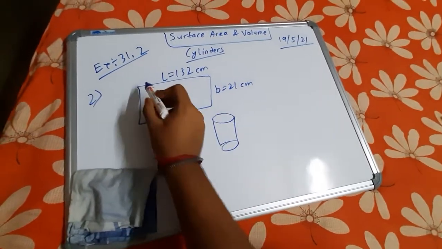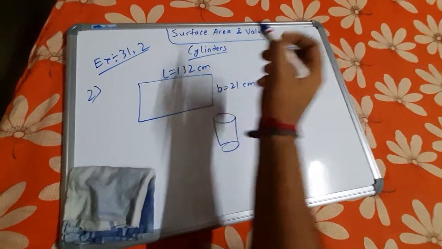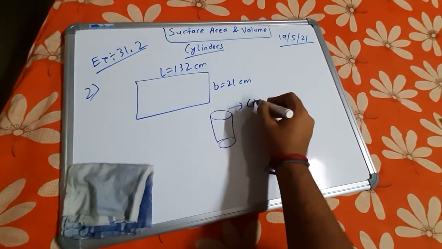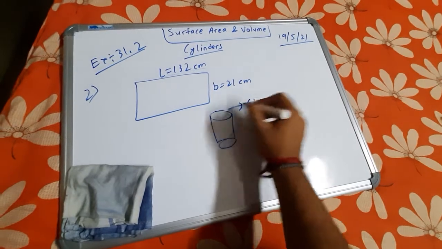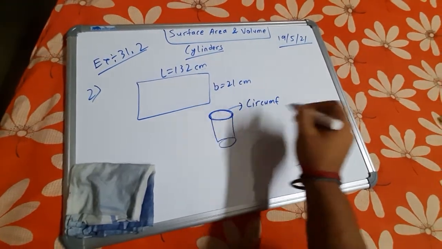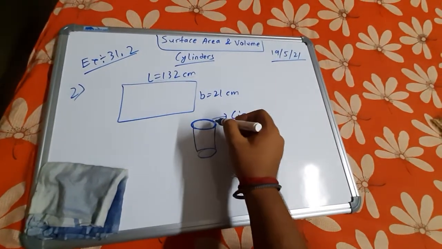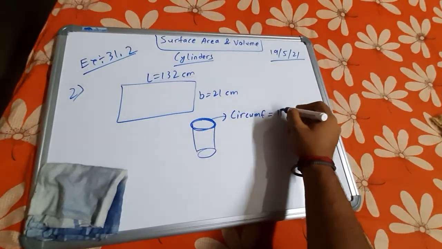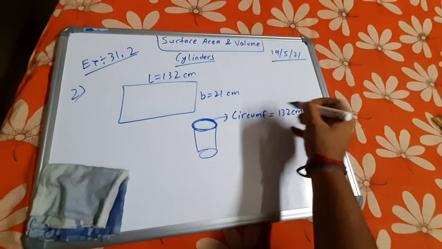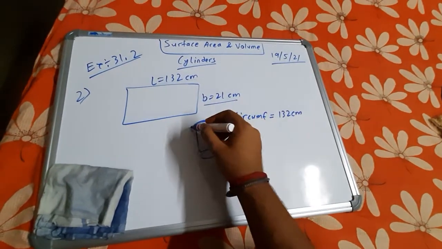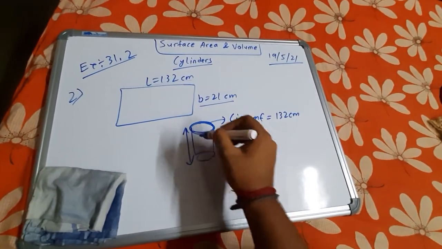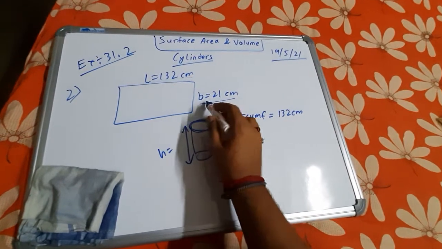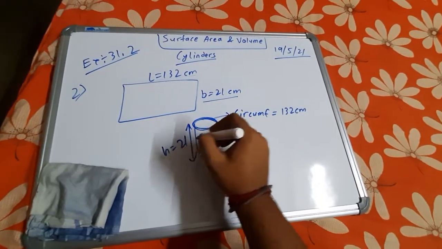Now the length of the rectangle will become the circumference of the cylinder. What will be the circumference? It will be 132 centimeter. And the breadth of the rectangle, that is 21 centimeter, will become the height of the cylinder.